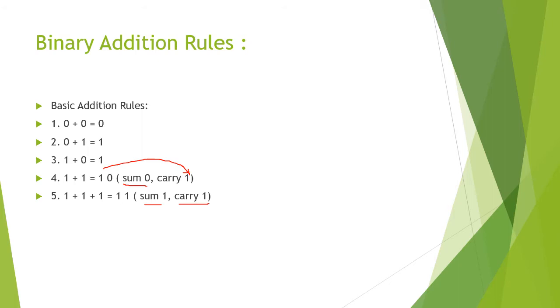Now we will understand this concept by taking some examples. Here we have to perform the addition of decimal numbers 27 plus 29 using binary arithmetic. First of all, we have to convert these two numbers into their corresponding binary. So we have converted 27 into its binary; for this conversion you have to use decimal to binary interconversion, so we divide 27 by 2.